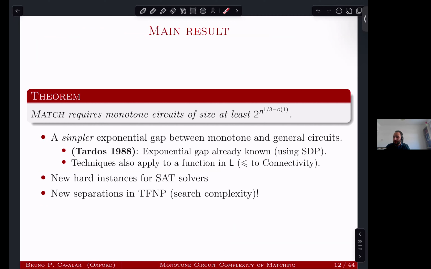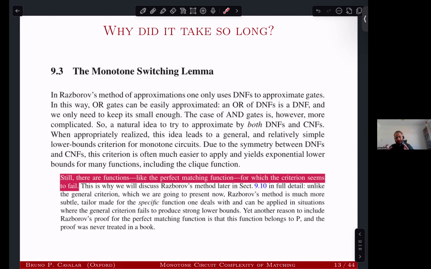Okay, so why did it take so long? One potential explanation is that right in the beginning, when all these lower bounds were shown for different kinds of monotone functions, and this method that Razborov created was developed by the community, people discovered this sort of symmetric approximation method.